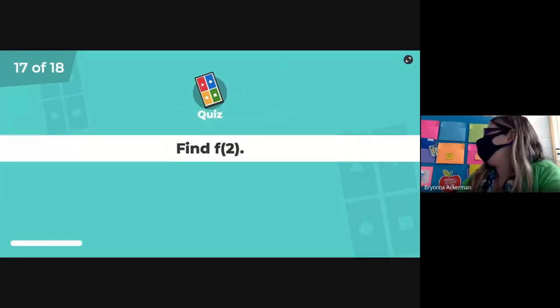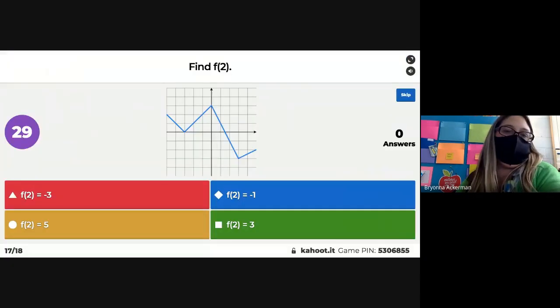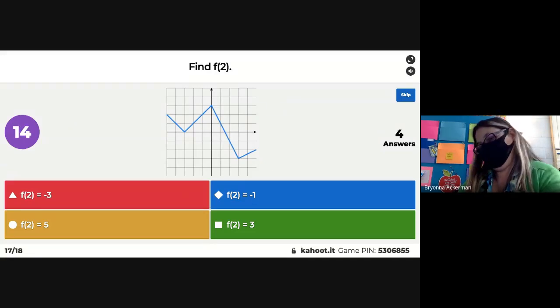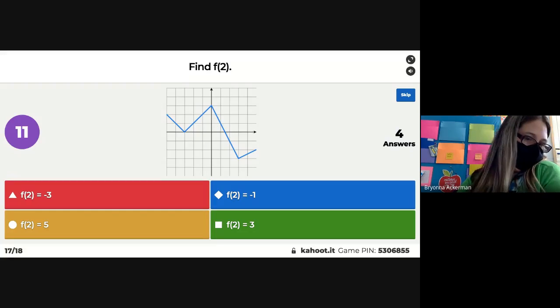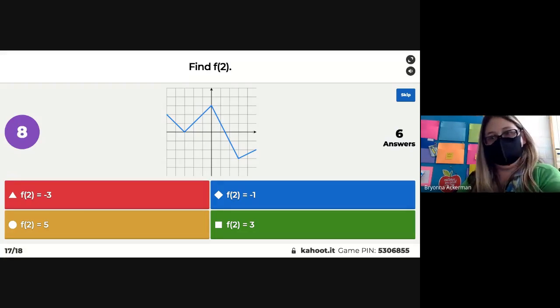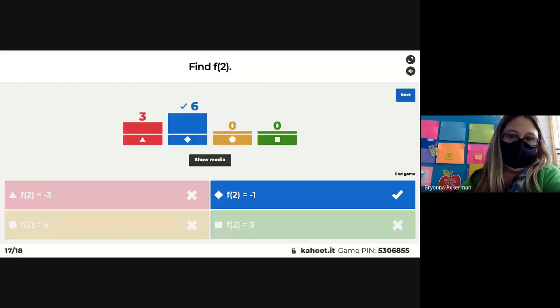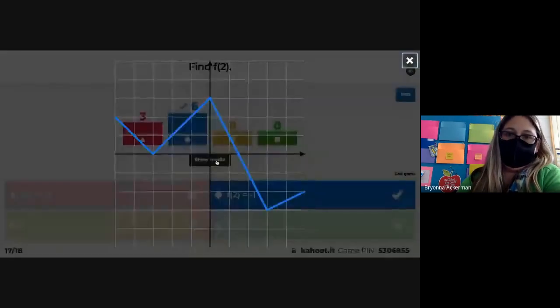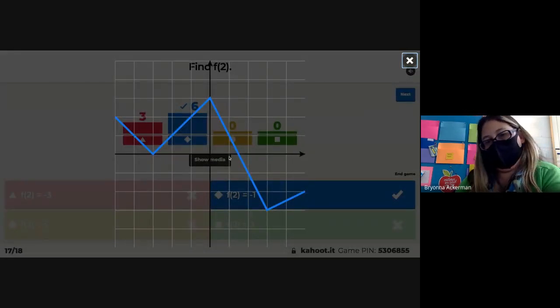All right, f of 2. When the input is 2. Okay. X is 2. 1, 2. So y is negative 1.